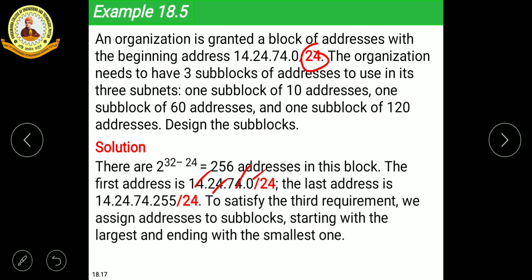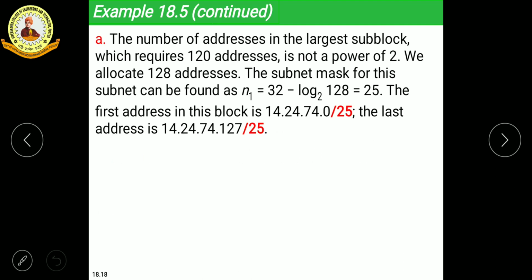To satisfy the third requirement, we assign addresses to subblocks, starting with the largest and ending with the smallest numbers. So A, the number of addresses in the largest subblock, which requires 120 addresses, is not a power of 2. So we allocate 128 addresses. So n1 can be found here, that is 32 minus log 128 to the base 2, that is 25.